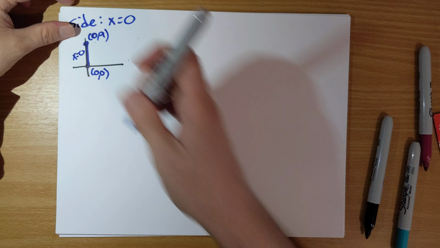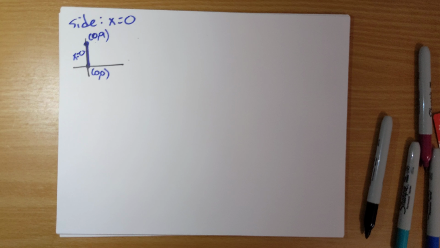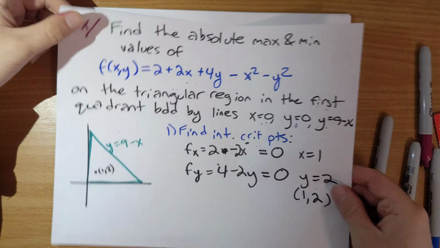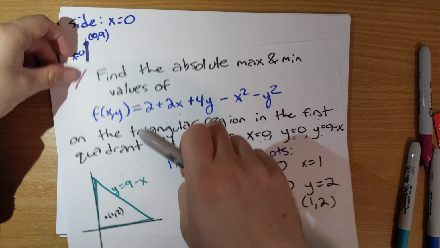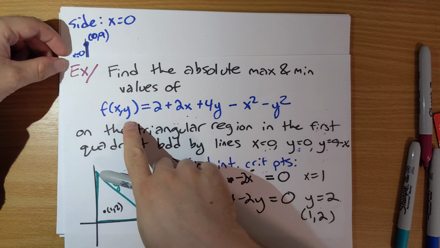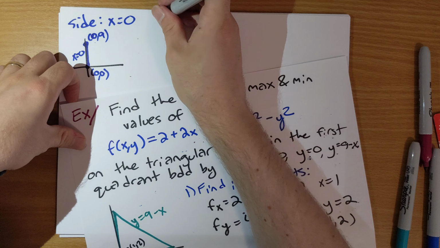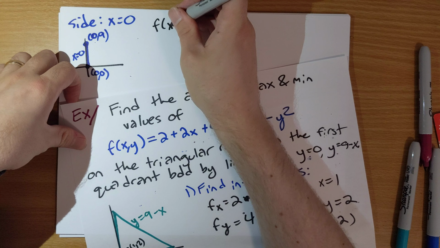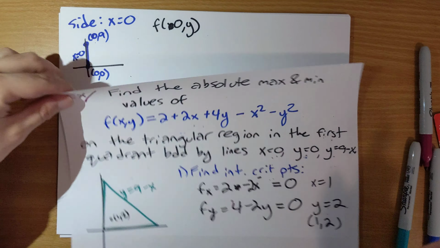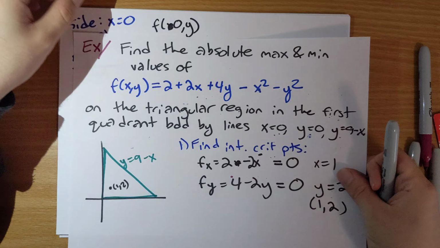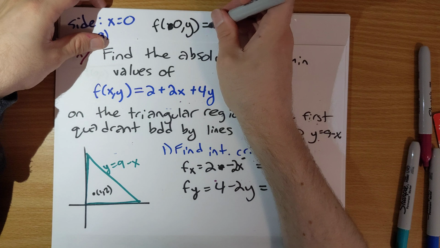As I said, this is when x is equal to 0. So let's plug in x equals 0 into our function, f of (0, y). This is going to become a function of one variable, just a function of y.